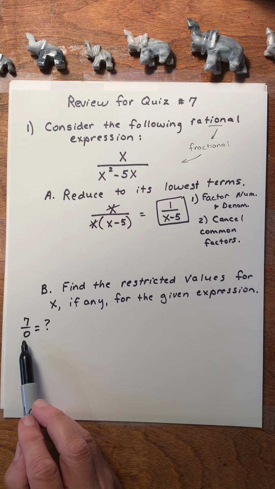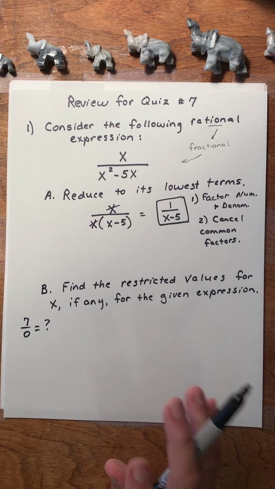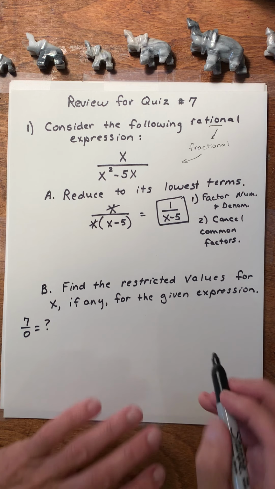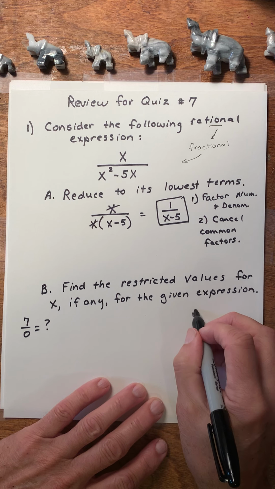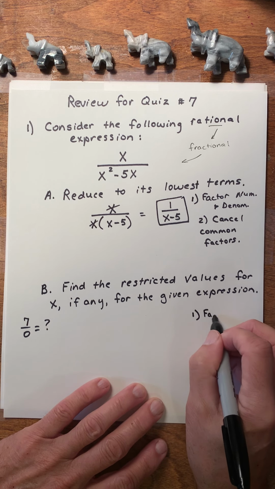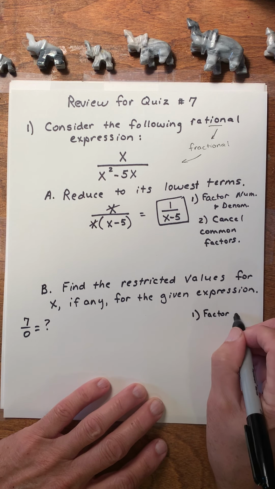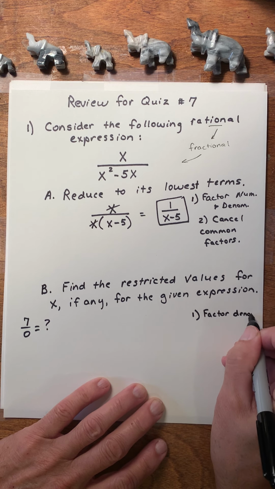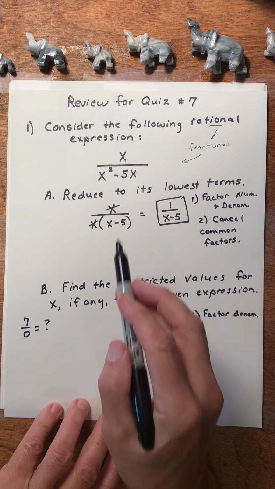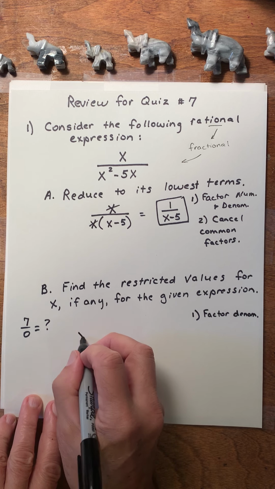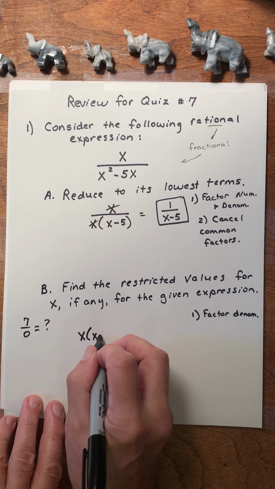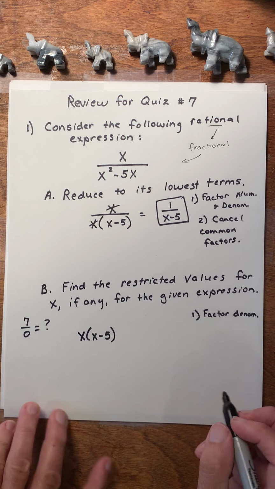So I need to avoid any value of x that makes my denominator 0. How are we going to find out what that is? Well, first thing we're going to do is factor the denominator. Hey, we already did that, right? So we factor the denominator. It turns out to be x times x minus 5.